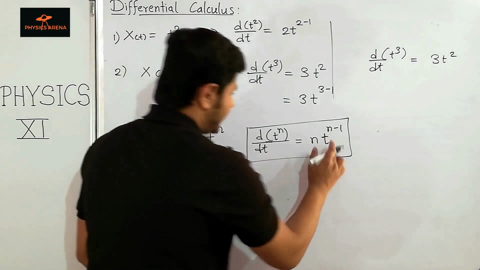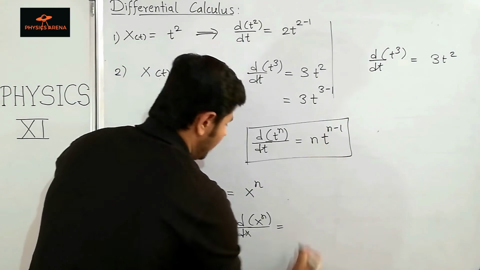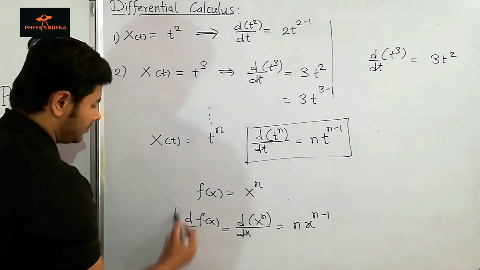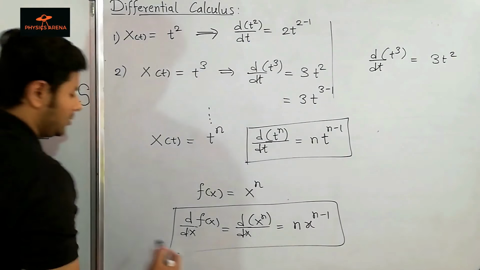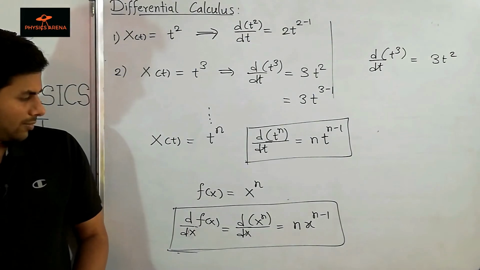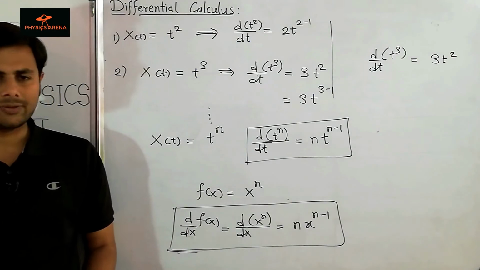The formula will remain the same except for this variable. So it will be n x raised to n minus 1. This is a very important relation. So we are taking note of that.